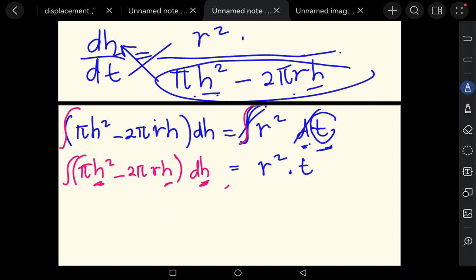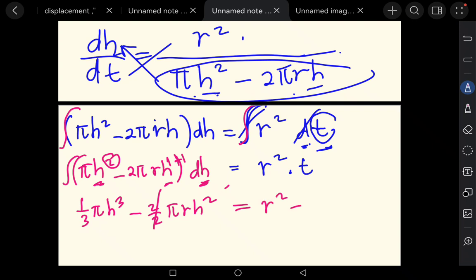If you integrate this one, 1 over 3 pi h cube, minus, this 1 plus 1 is 2, over 2 pi rh square. So cancel this, equals r square times t plus c. Don't forget plus c. We're joining the c's here together into one c, so no need to write this c.